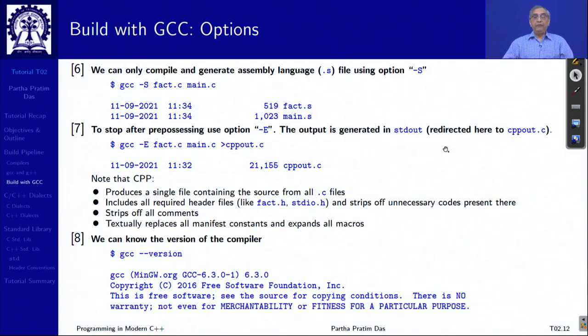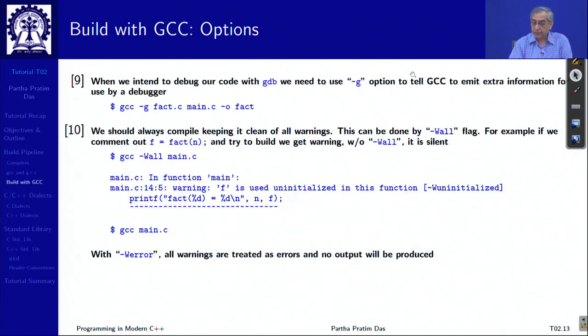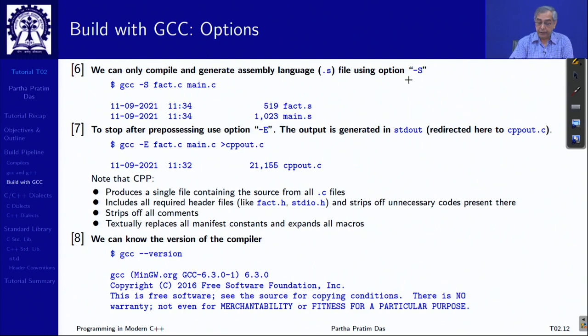Now, if you want to see what is happening at the intermediate stages, you can use different options. For example, you can tell GCC to just do the compilation and stop at the assembly, not kick in the assembler, using the -s option.